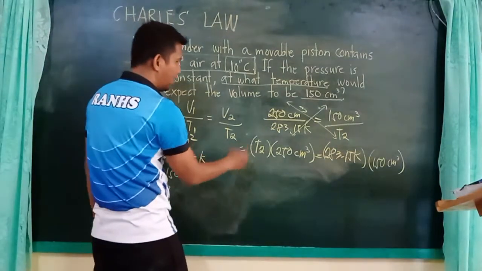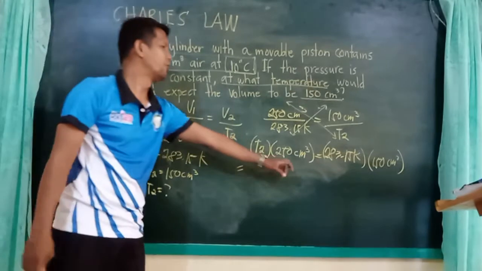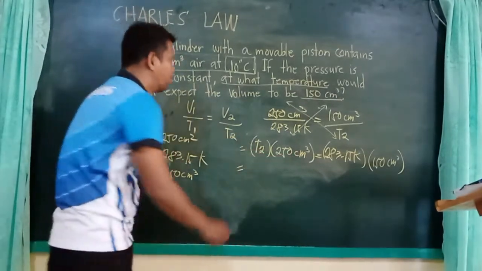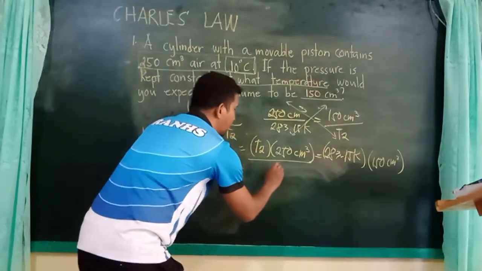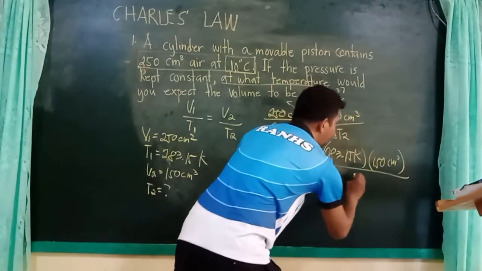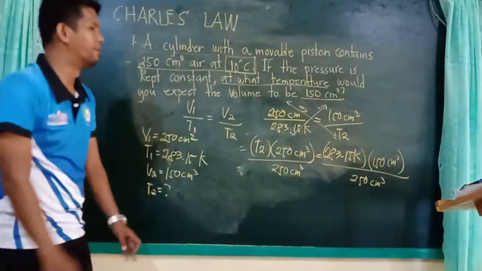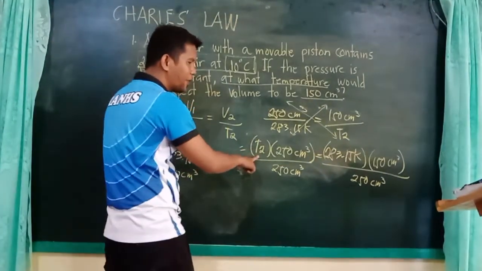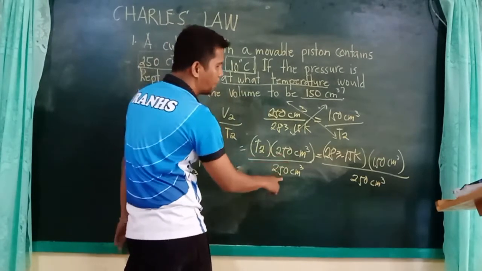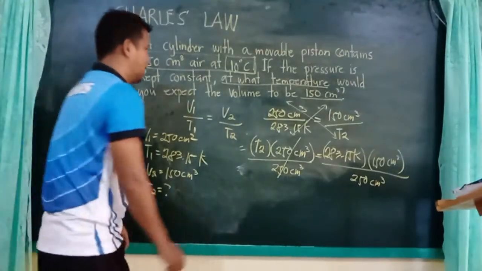Next step, divide both sides of the equation by 250 centimeter cube. Because we're looking for T2, we cancel 250 over 250 centimeter cube because that is just equal to 1.